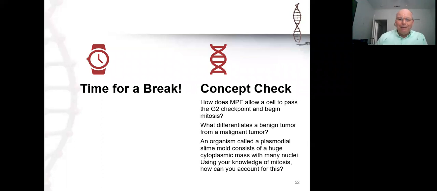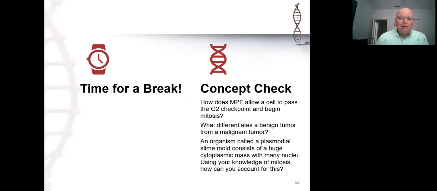And that's what actually happens in these plasmodial slime molds. Within the original cell that gives rise to this huge cytoplasmic mass, cytokinesis is specifically inhibited. So the cytoplasm never divides, but mitosis continues.